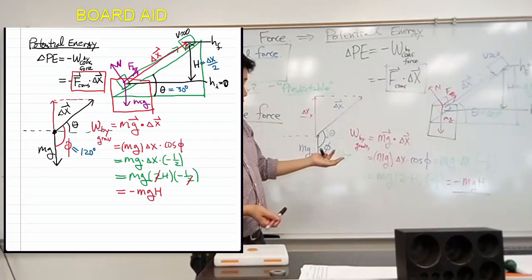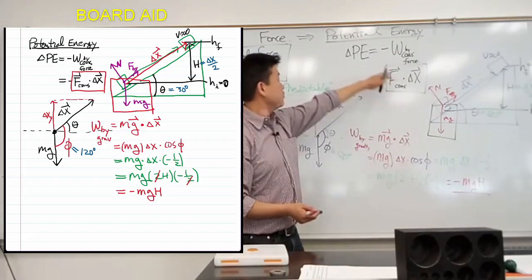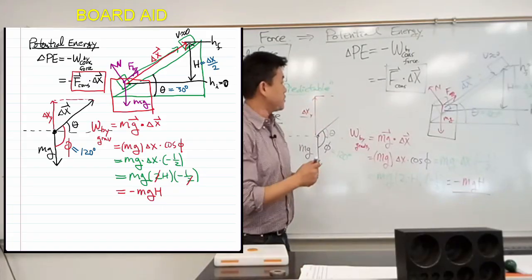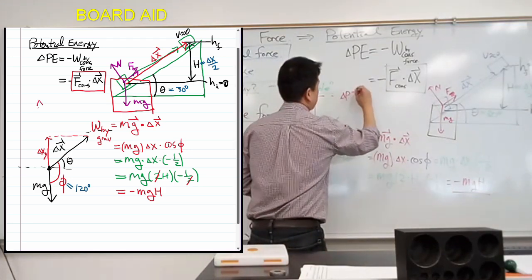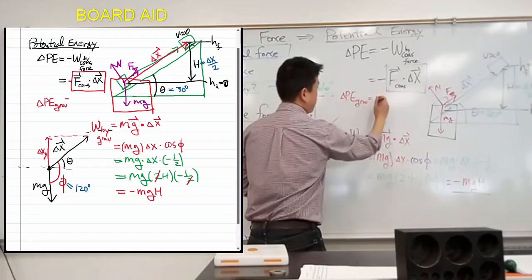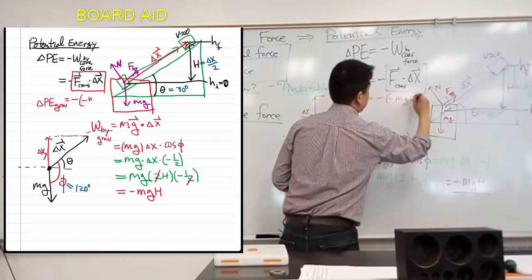So this is the work done by gravity. You use it here to derive the change in gravitational potential energy. The change in gravitational potential energy is equal to minus the work done, minus mgh.